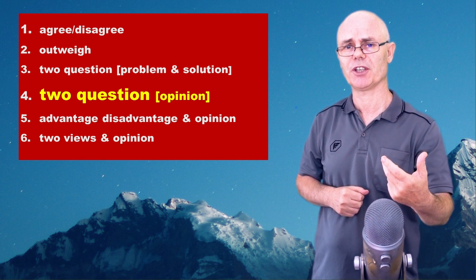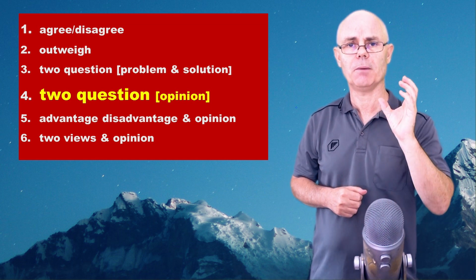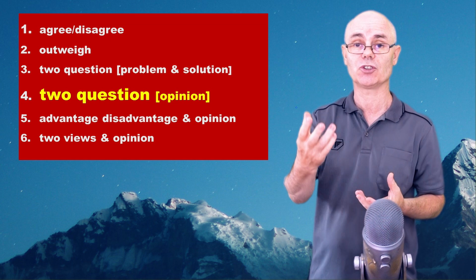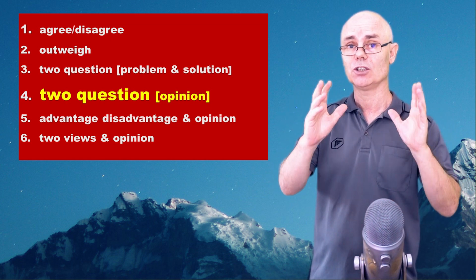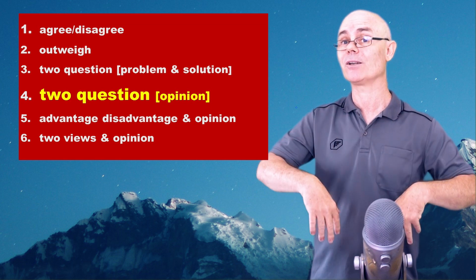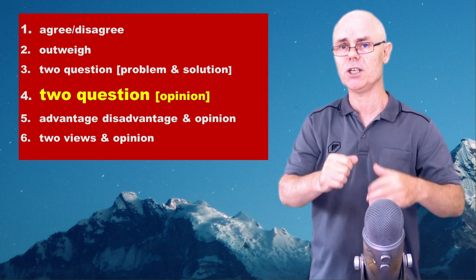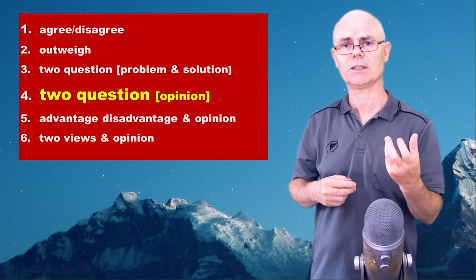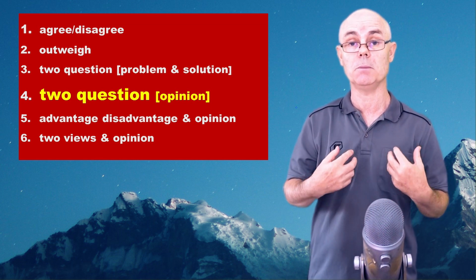The only question that doesn't ask for your opinion at all is number 3, the standard two-question essay like problem and solution or cause and solution. No part of that essay should be your opinion, but all the other question types are asking for your opinion, and in the part where it's your opinion, you must be giving your opinion using words like I, me, my.